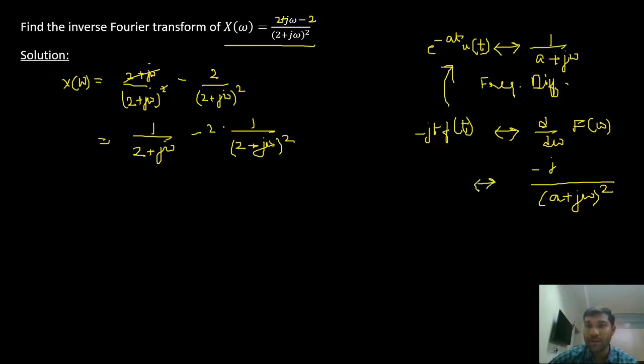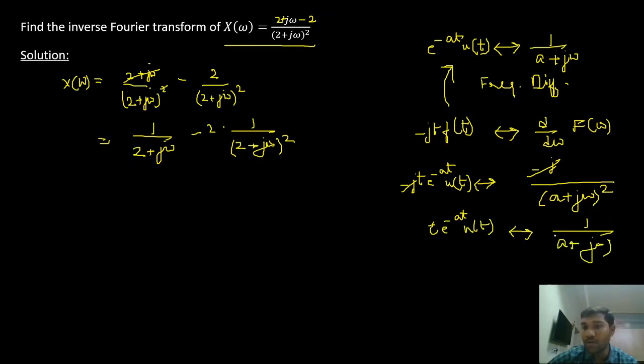On the left hand side I have minus jt into f of t, that is e power minus at into u of t. So minus j and minus j get cancelled. So t into e power minus at u of t has the Fourier transform 1 by (a plus j omega) whole square, right?